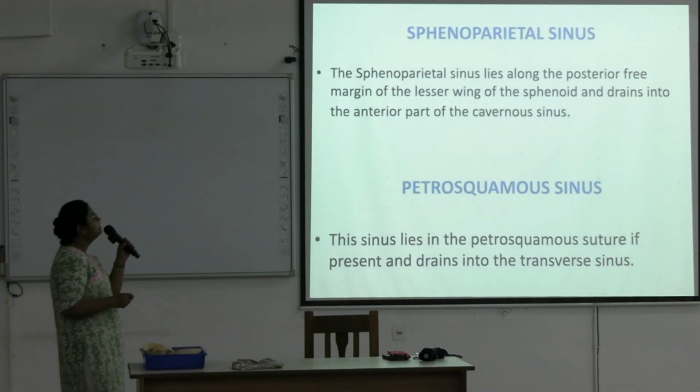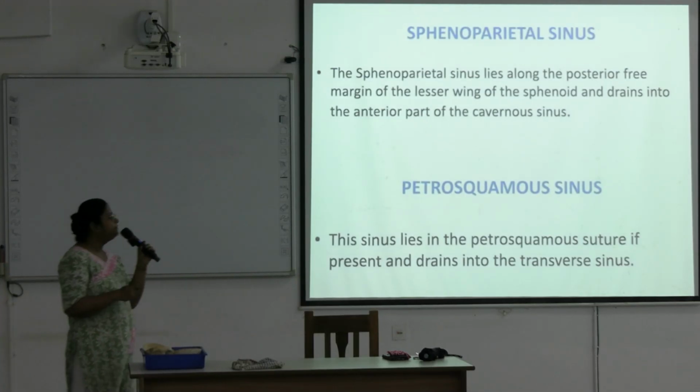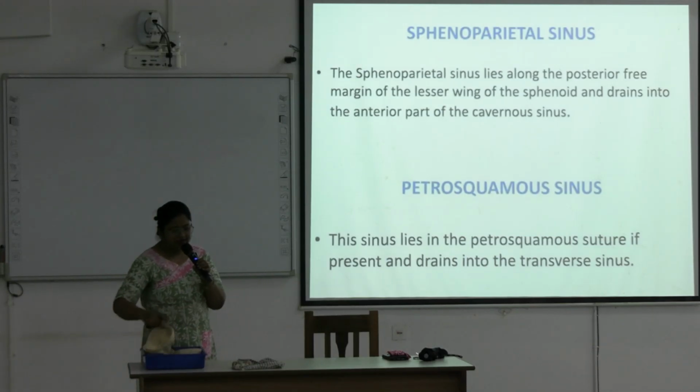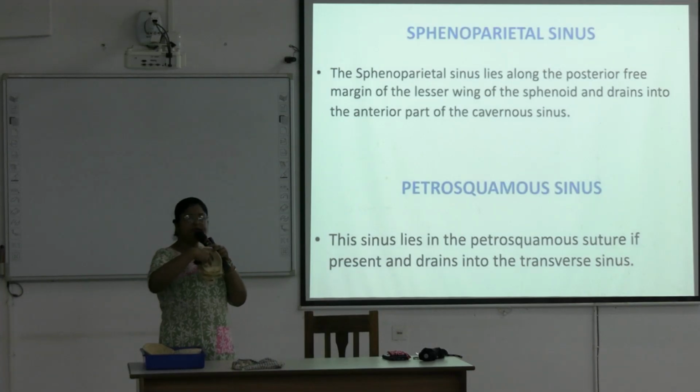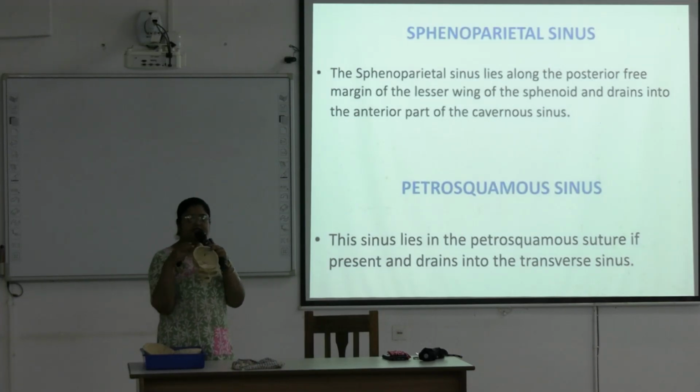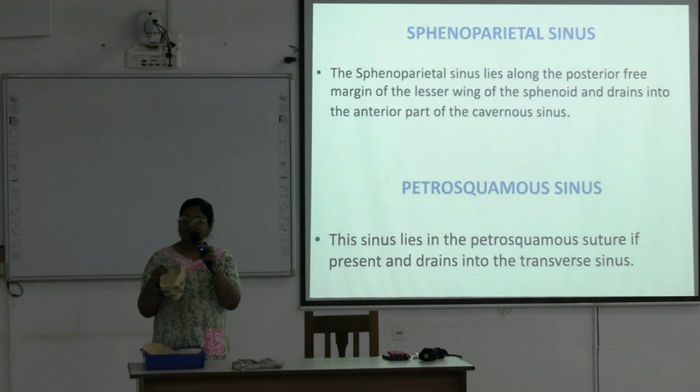Next we go to the sphenoparietal sinus. The sphenoparietal sinus lies along the posterior free margin of the lesser wing of the sphenoid. Here you can see these are the lesser wings. Along the posterior margin of the lesser wings lie the sphenoparietal sinuses.